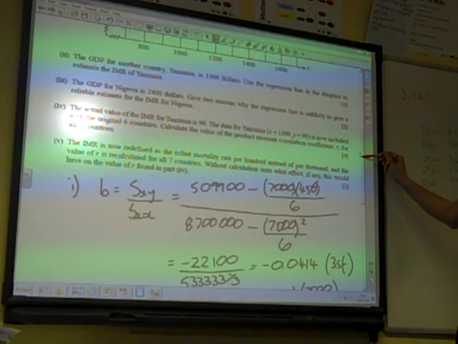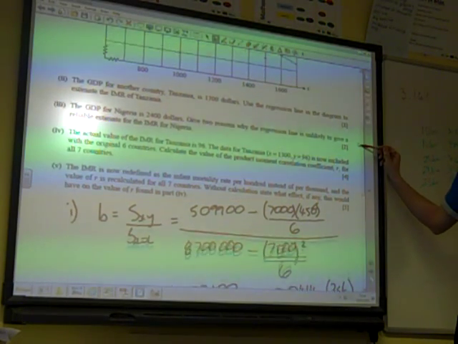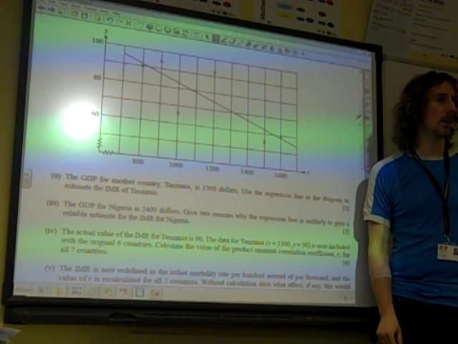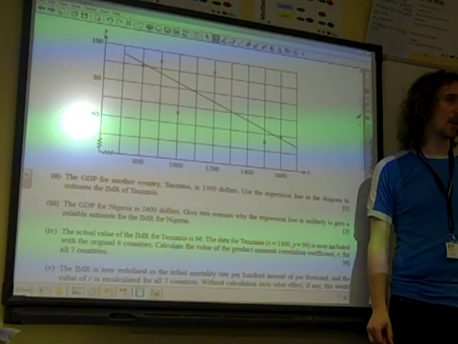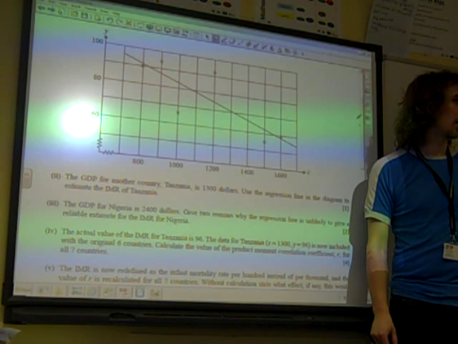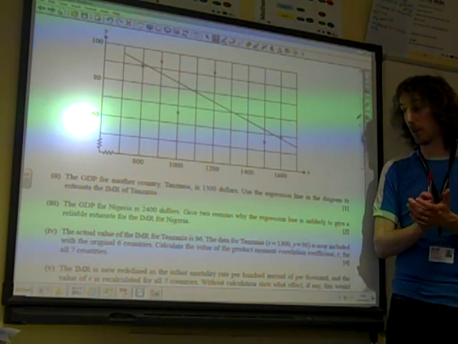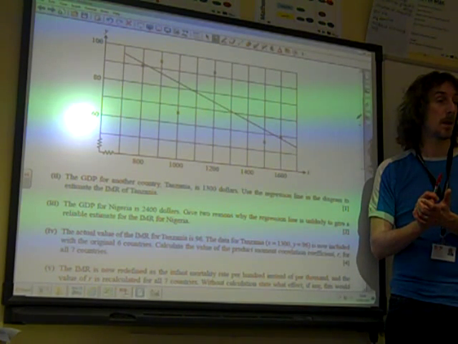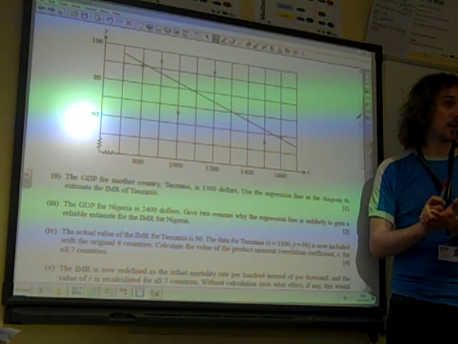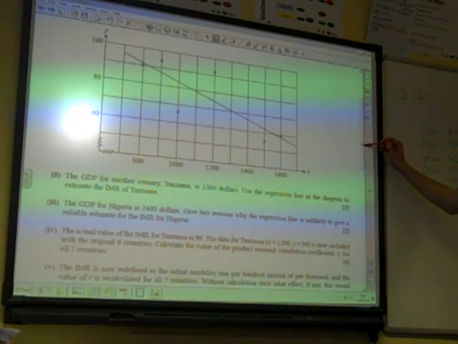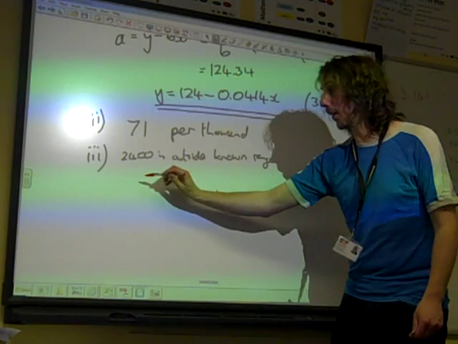So what's our other reason going to be? Well, actually, looking at the values here, these aren't particularly close to this straight line, are they? We haven't had to work out the product moment correlation coefficient, but it's not going to be a particularly strong correlation. Our other reason is that it isn't a strong correlation.